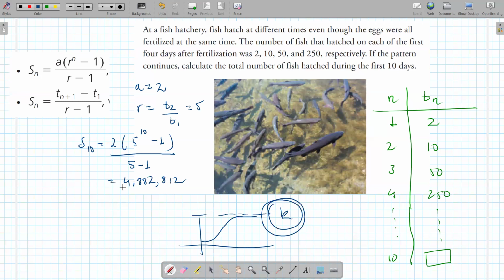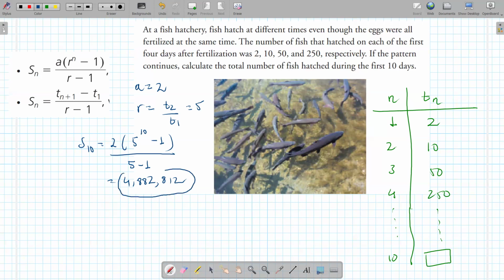So in reality, it won't actually go to this number. If it did, then the people would be rich. Even if you sold it for like 50 cents each, that's a lot of money. It's kind of hard to fathom how big of a number this is. 4 million fish is a huge number. Our minds can't comprehend large scales.